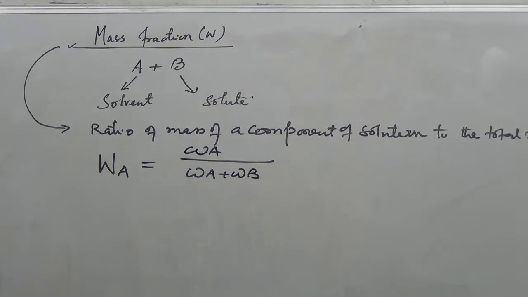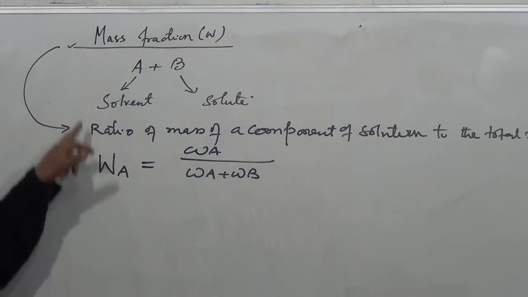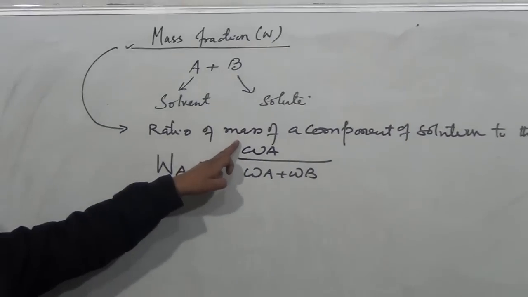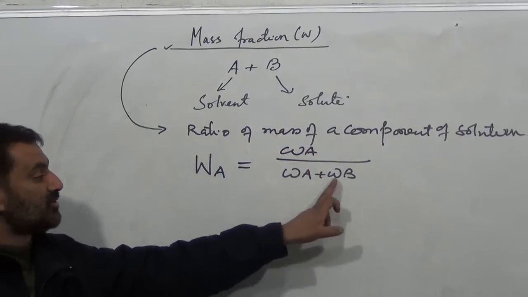My dear students, here I have written capital W, that represents mass fraction, and the small w represents the mass of A, mass of B, here WB.